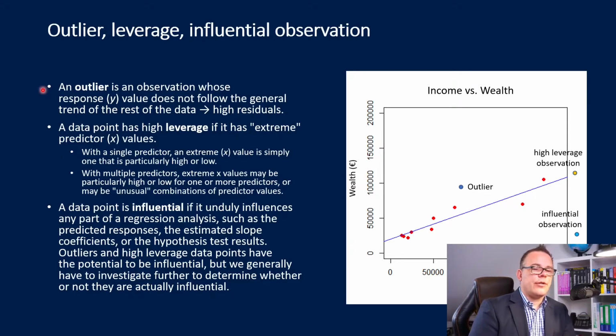An outlier is an observation whose response or epsilon value does not follow the general trend of the rest of the data. Or, in other words, we have a very high residual.